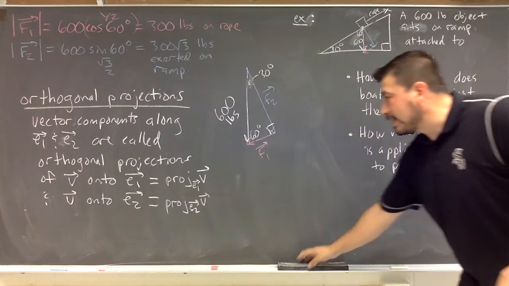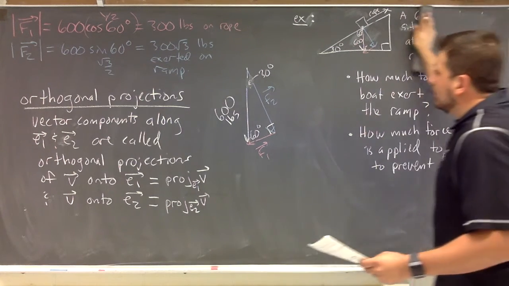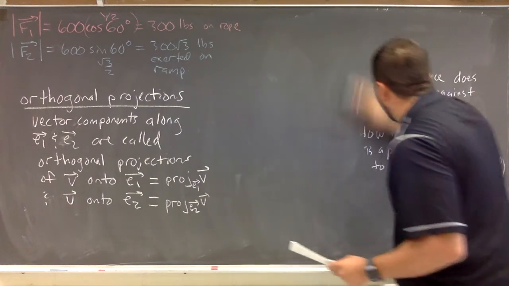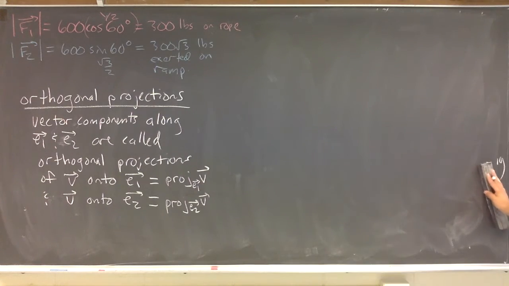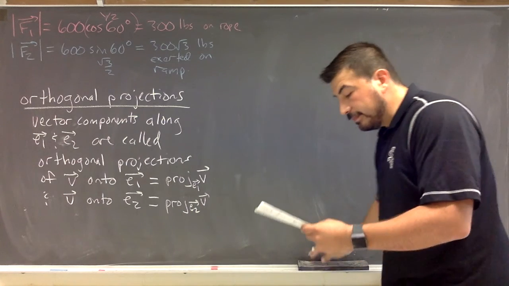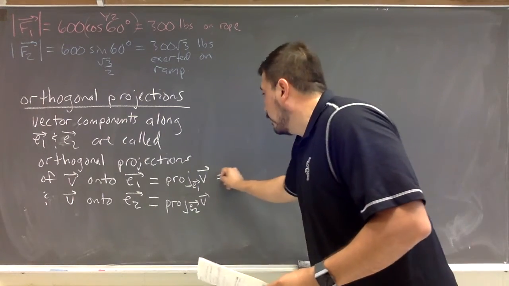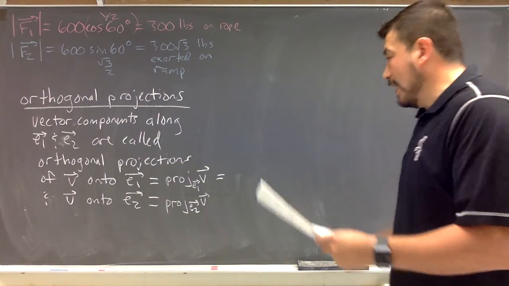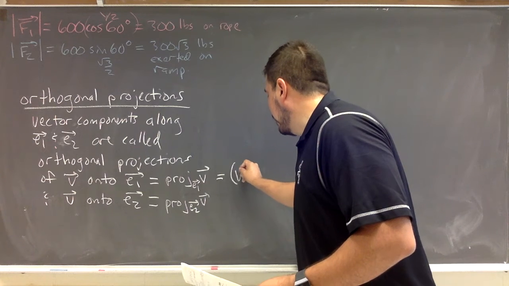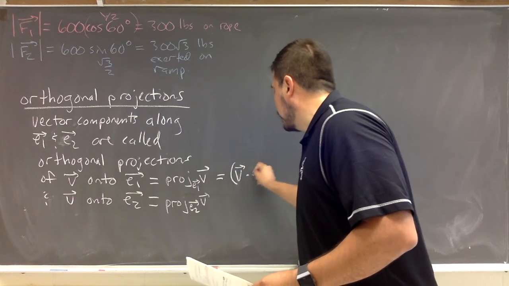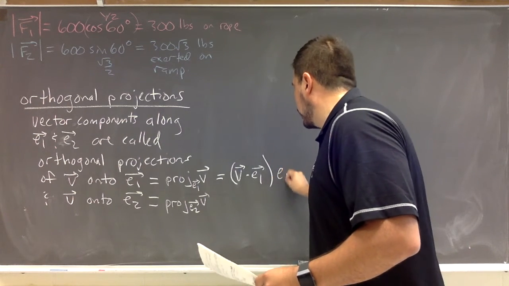And now we've already calculated these. And it's going to be helpful for us to come up with a nice, convenient formula to calculate these. So we already know, right, that that's going to be V dotted with E1 times E1.